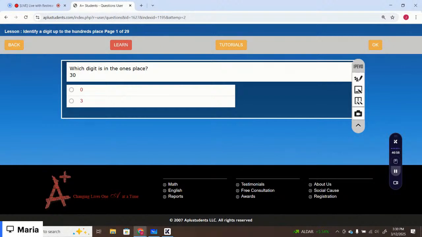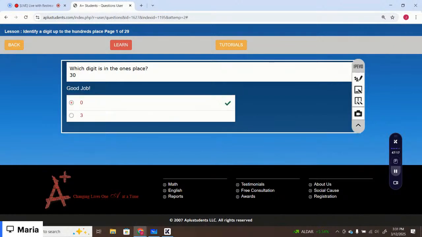Which digit is in the ones place? Zero, it is the digit that is at the ones place. Zero. Option number one is the correct option.